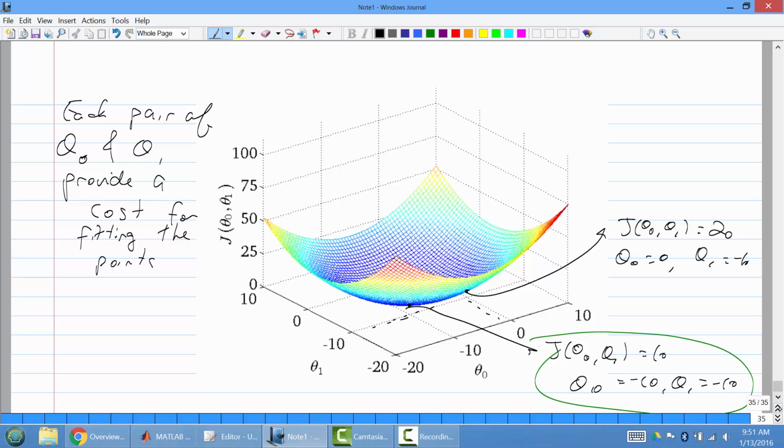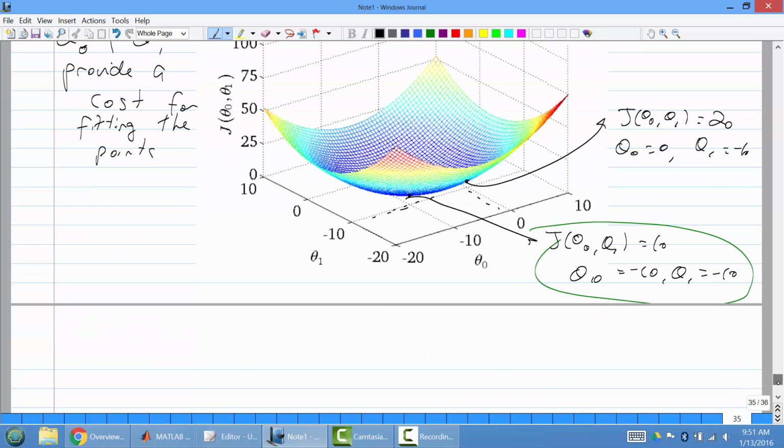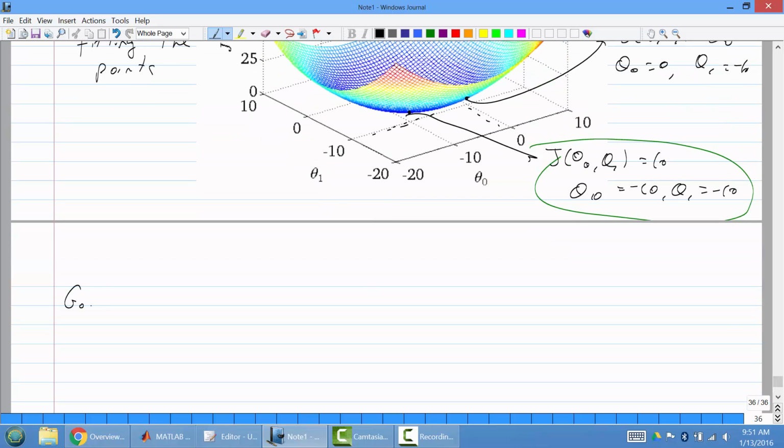So we've got to figure out where exactly the goal is to find where the surface has the smallest height.